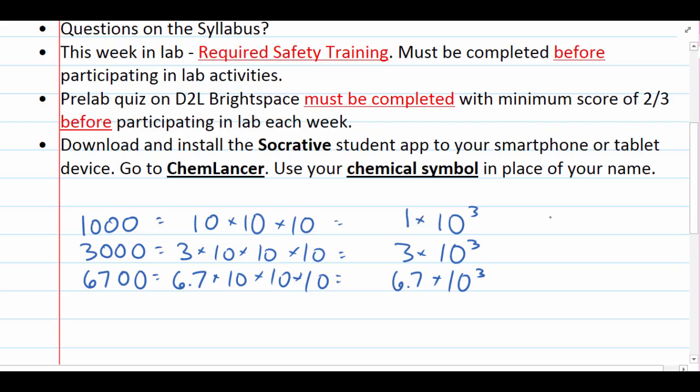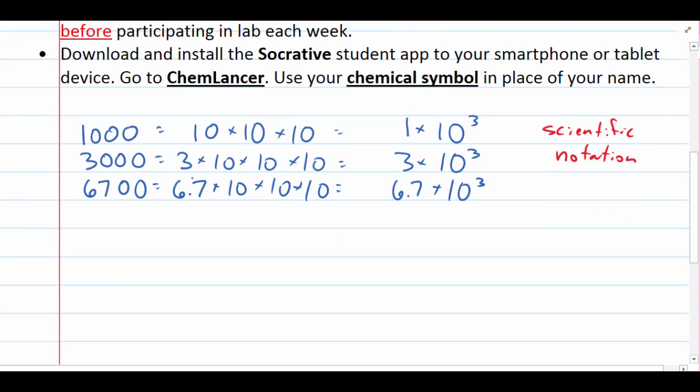And when we write it out like this, we are writing them out in what we call scientific notation. And these numbers that I gave are examples of larger numbers.